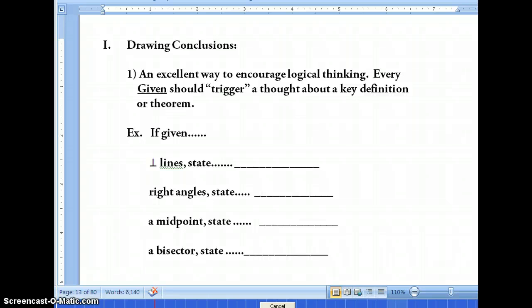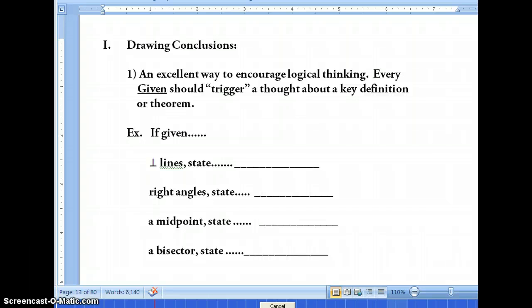Okay. When we talk about drawing conclusions, and we're talking about good, solid, reasonable thinking, one of the things we try to do is to take one of the pieces of the given and then to make a statement, to draw a conclusion based on what we are given.